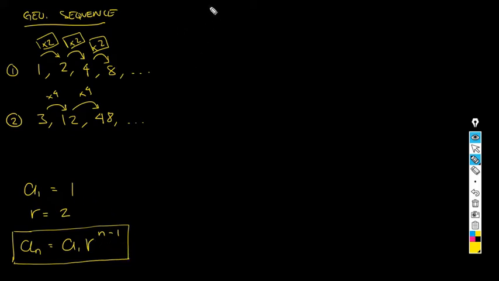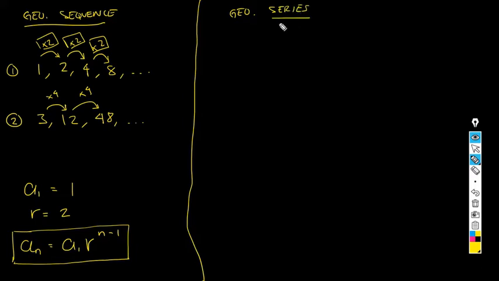Okay, so that's a geometric sequence. Now, what was a geometric series? Remember, this word series is just another word for sum. In the first case, when I have this sequence 1, 2, 4, 8, I can sum, for example, the first two terms.